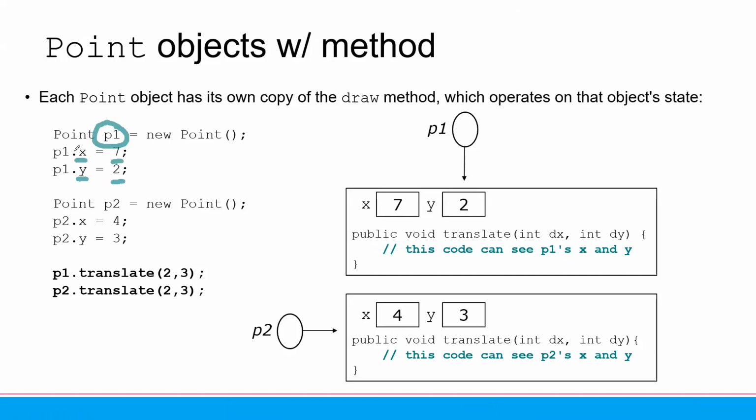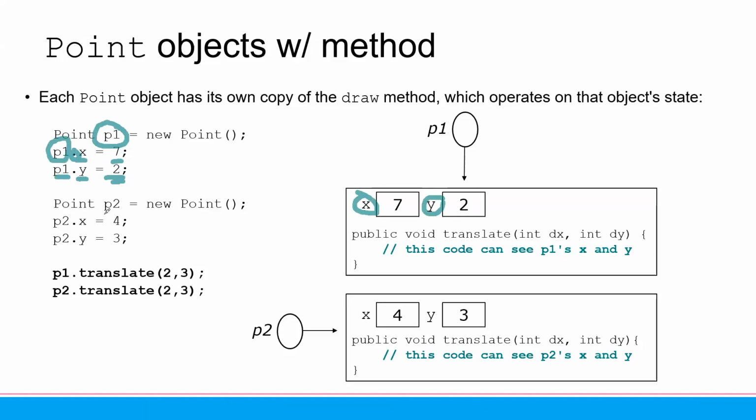So I put the dot after the object, so we have p1 dot x. It means the variable x in the object p1 will be 7, and the variable y in the object p1 will be 2.